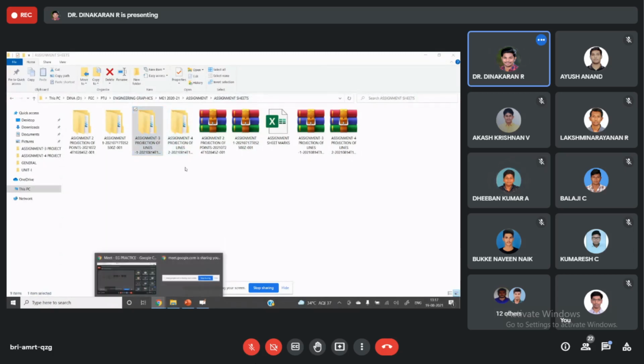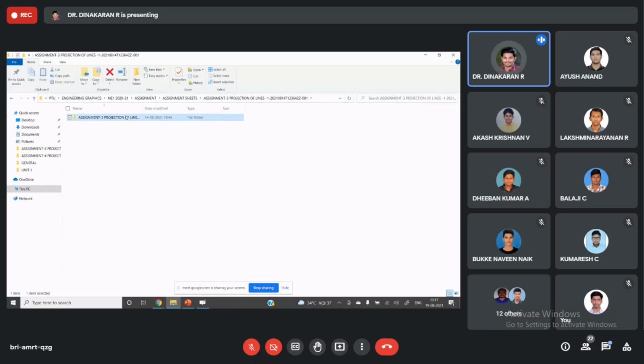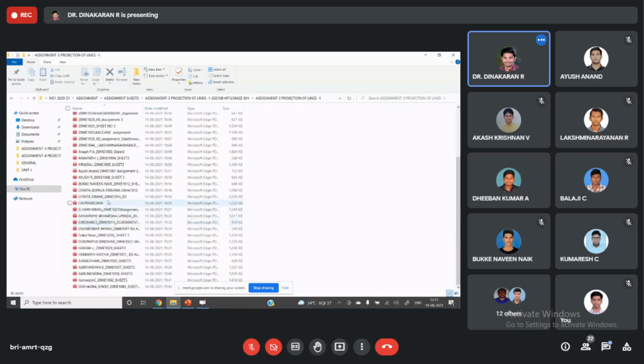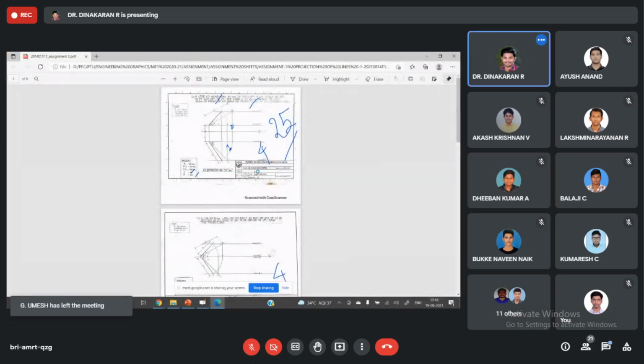Sir, mine. Name? Deepan Kumar. Deepan Kumar. You want to see assignment 3 or 4? Both, sir. Number? 20 ME 1017. Deepan Kumar. Where is the arrow mark?